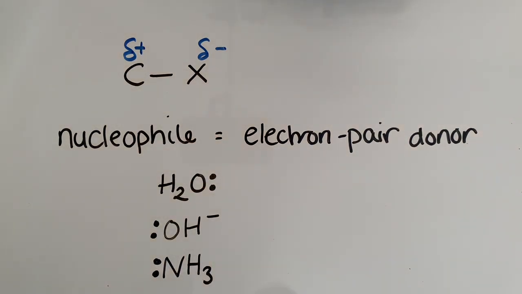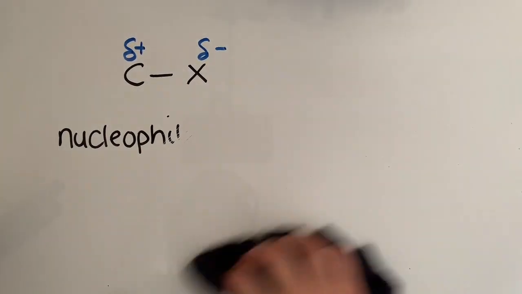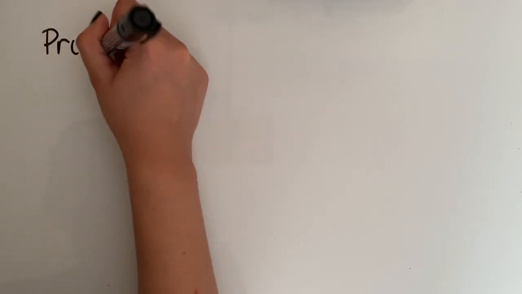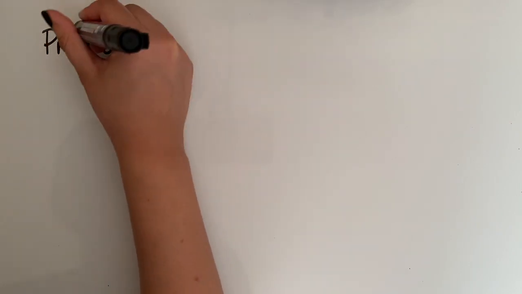So let's start having a look at the reaction and the mechanism for the reactions of haloalkanes. First things first, in our spec, we're only expected to know the hydrolysis reaction of primary haloalkanes. Let's quickly have a look at what we mean by a primary haloalkane.